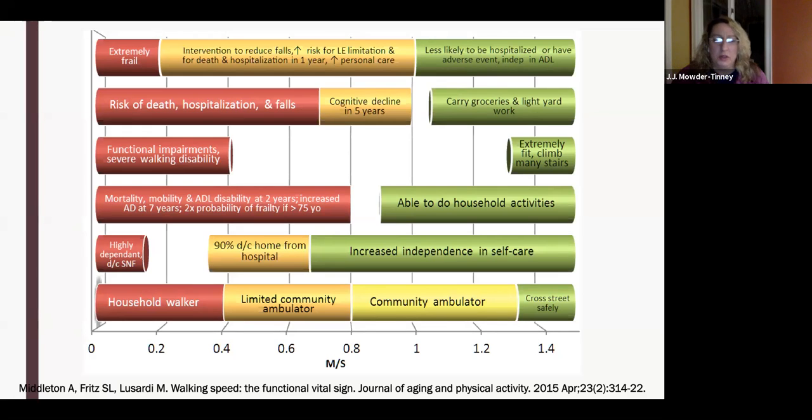Just include their reference. This is the updated one from 2015. If you have the 2009 one, this is updated. Most of my patients in our clinic are 0.3 to 0.4 meters per second walkers, and you can document that risk to show that gait speed is not the be-all and end-all, but it is really important.